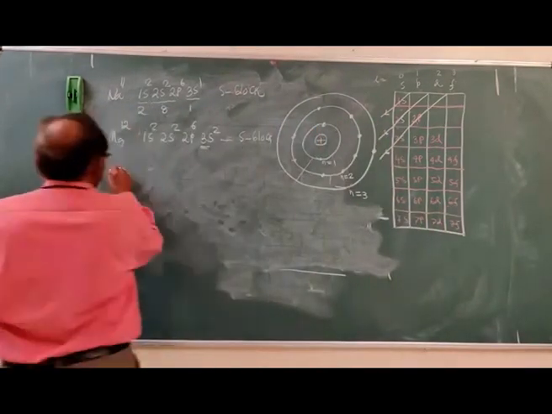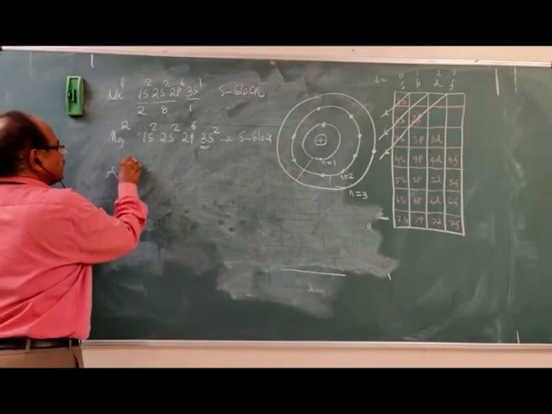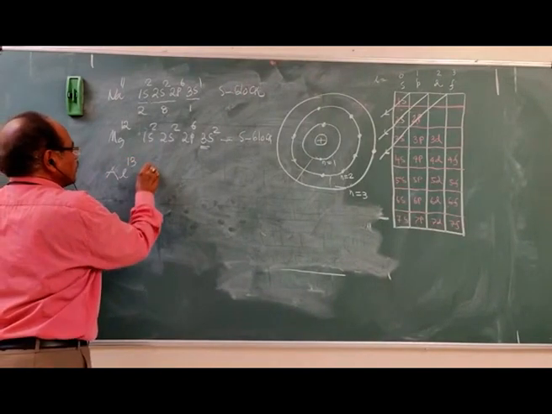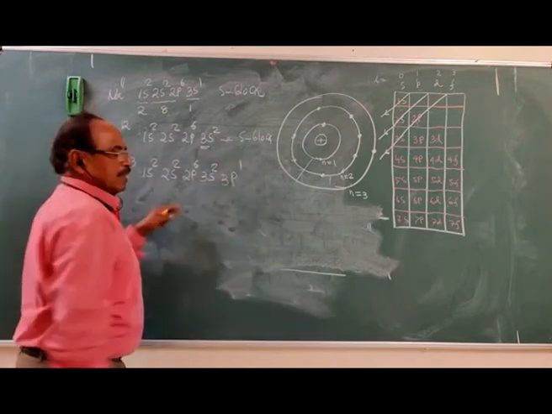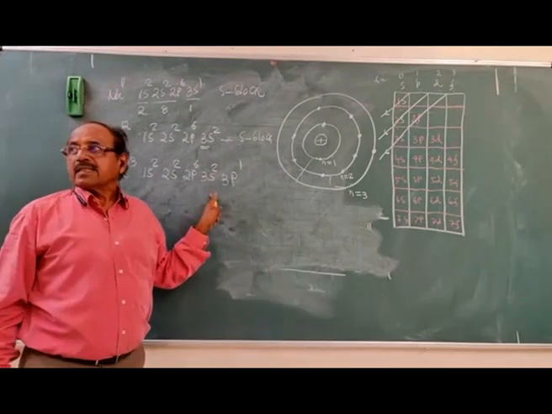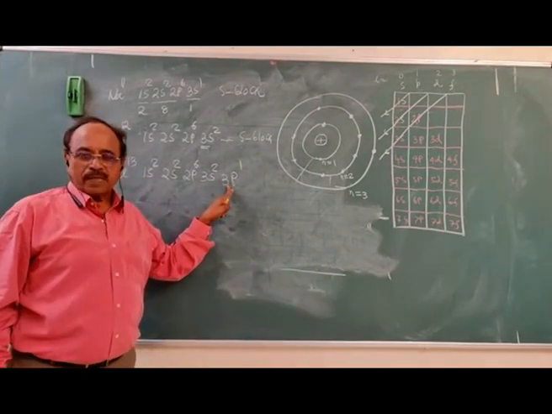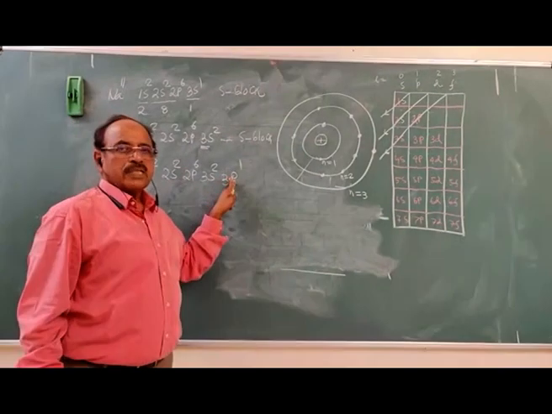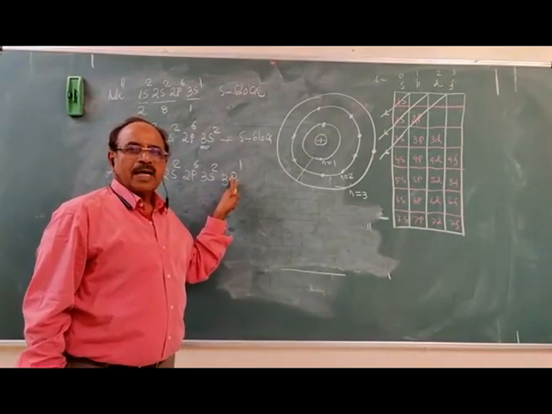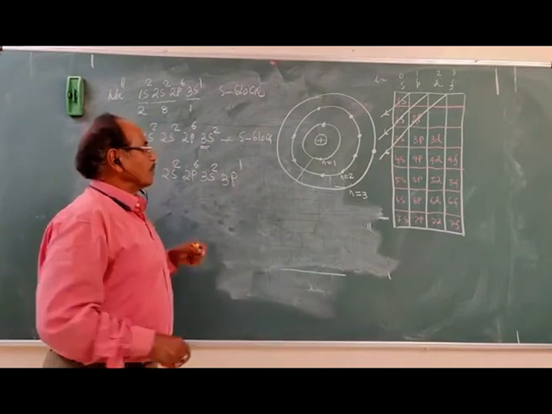Now let's come to aluminium, atomic number 13, 1s2, 2s2, 2p6, 3s2, 3p1. Now here the electron is filled up to the p orbital. From aluminium the electron is filled up to the p orbital. Hence they belong to the p block of the periodic table.